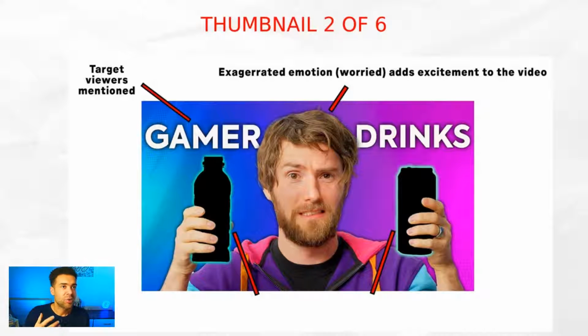And it creates a level of excitement, like it creates some stakes to the video by showing that kind of worried emotion. So I really think the exaggerated expression on this YouTuber's face in the thumbnail was one of the reasons why it went so viral and got 2.4 million views. And I don't think you just have to have a negative, worried expression. I think you could have any expression on your face. I think that they just naturally help to draw viewers in. But that's why I think this expression did so well on this thumbnail.